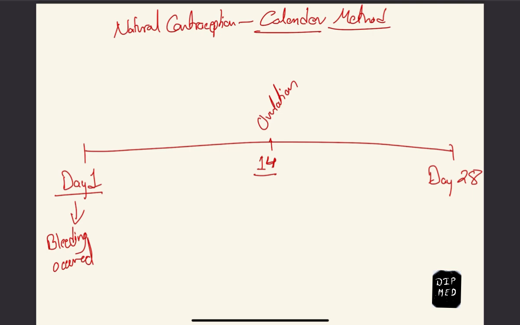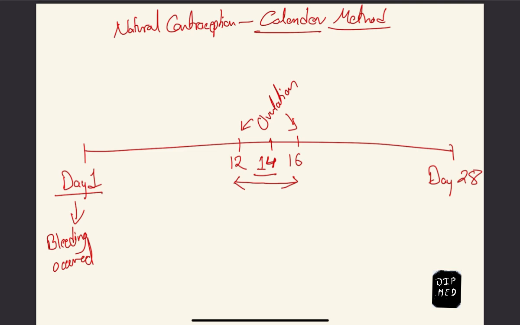The range of ovulation can be from day 12. In some females, ovulation can occur on day 12, whereas in some it can occur as late as day 16. So between day 12 and day 16 of menstruation, ovulation can occur.